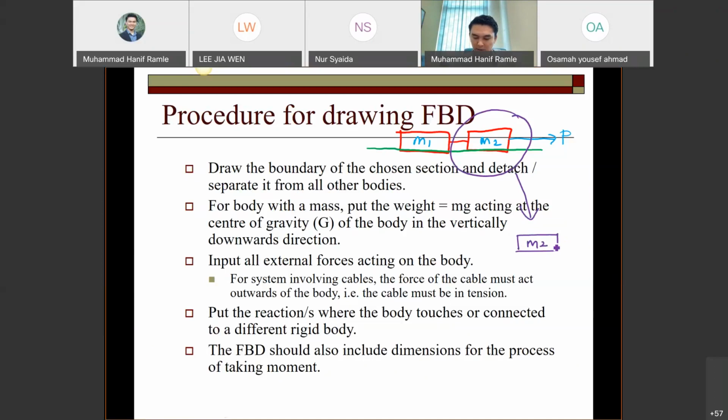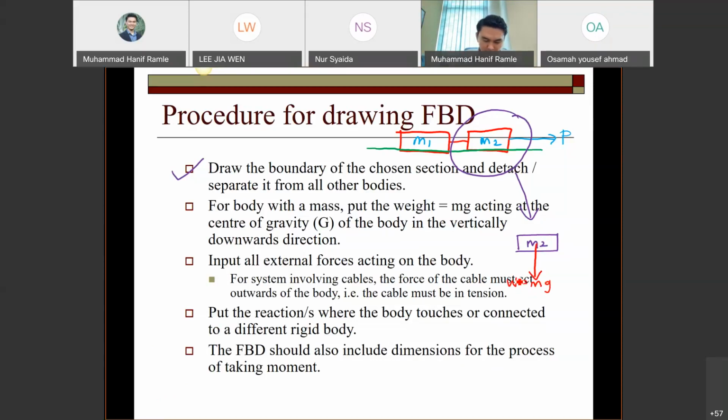This is step number 1. Step number 2: for a body with mass, put the weight equal to mg acting at the center of gravity G of the body in the vertically downward direction. This is straightforward; you have to put mg here, which is the weight.